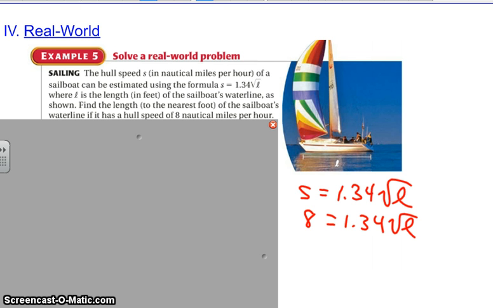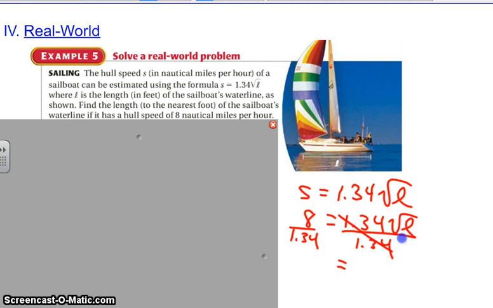You could, I guess, but would you subtract? Are we adding 1.34 to the square root of L? What is this operation going on between 1.34 and the radical? Right. This is multiplication. So we're going to divide both sides by 1.34.